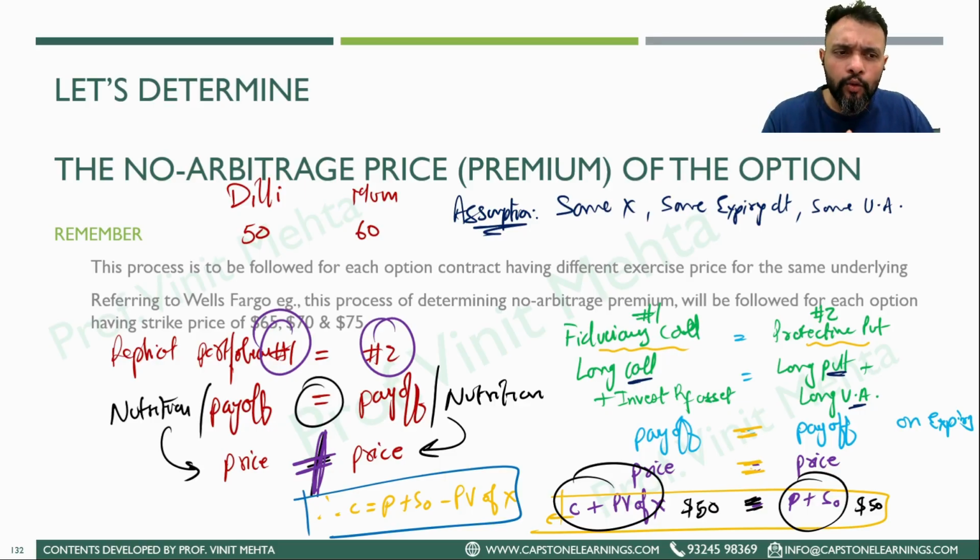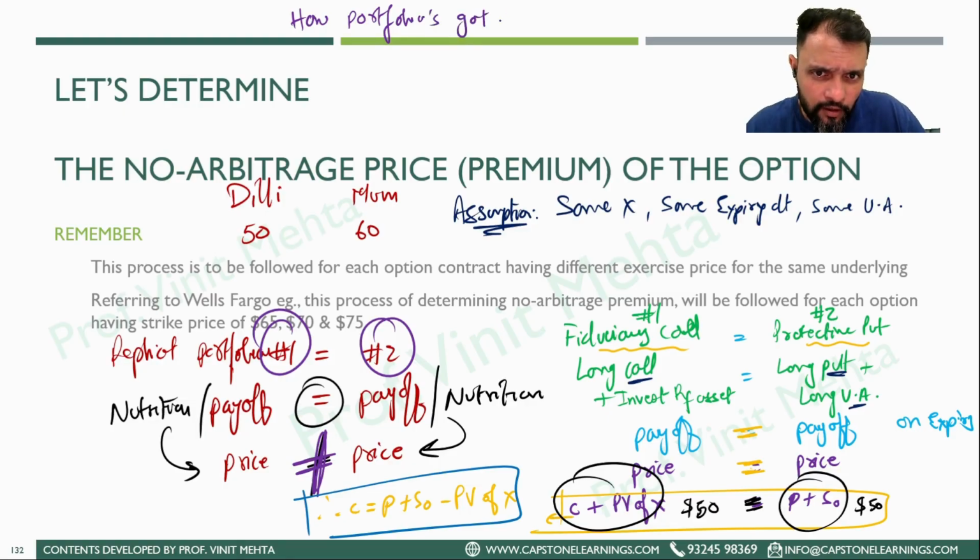Why can't you have a long call and a long put together in the same portfolio, or a long call and a long underlying asset? Why is the portfolio a long call plus investing in a risk-free asset? Or, similarly, why is it a long put plus a long underlying asset? Why not? Are you getting my point? The question is how these portfolios got created.